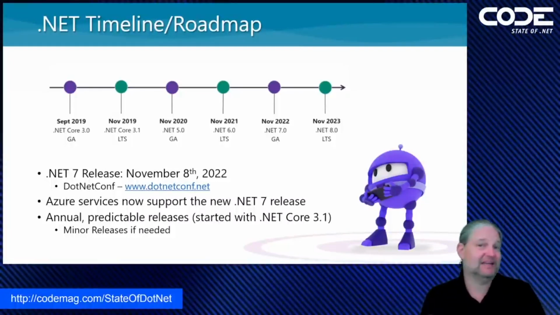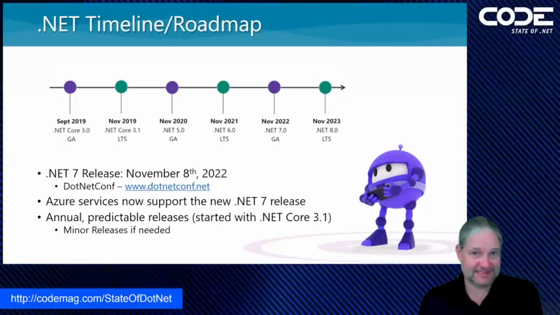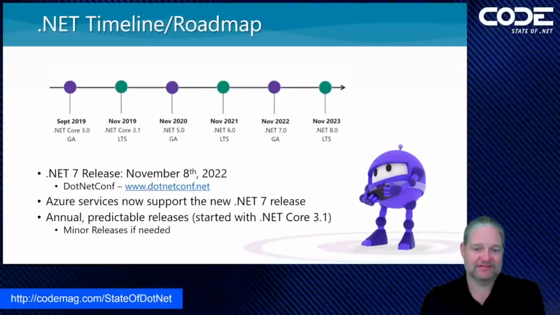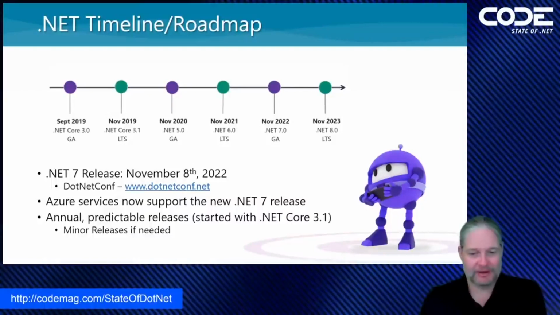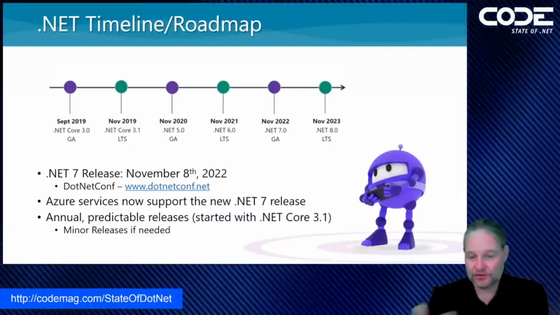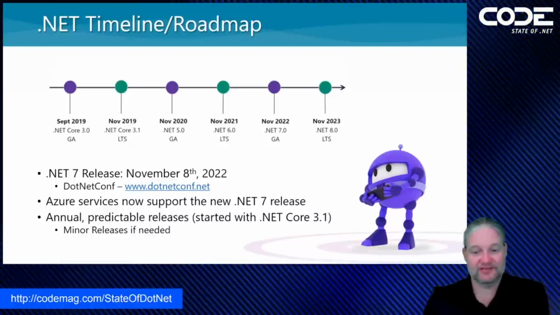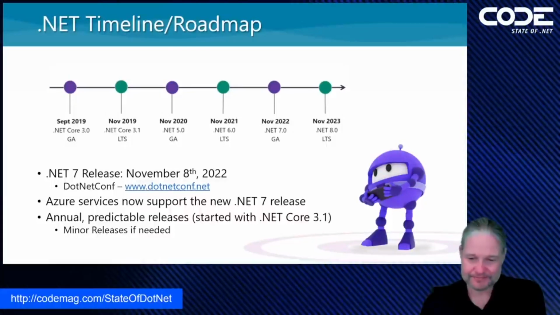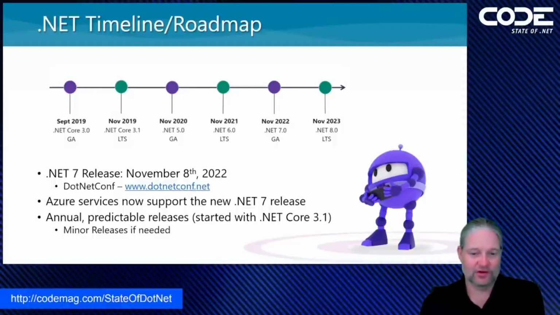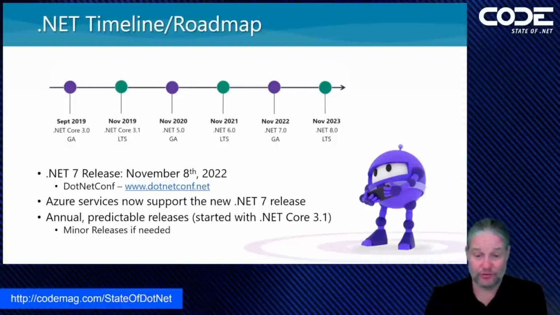Now, we kind of now consider it part of .NET 7, but it was actually available and supported several months ago. So minor releases in between, and you can expect this to continue going forward. So next year, we'll have another State of .NET focusing on .NET 8, and it'll also be around November 8th, 9th, 10th, something like that, the way it's always been, and that'll continue going forward as well.